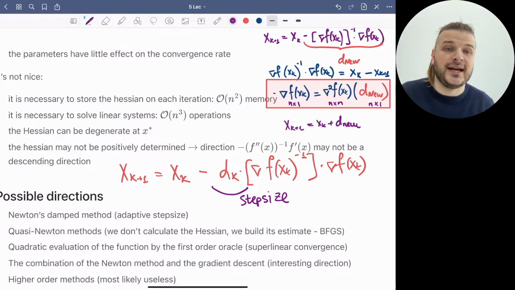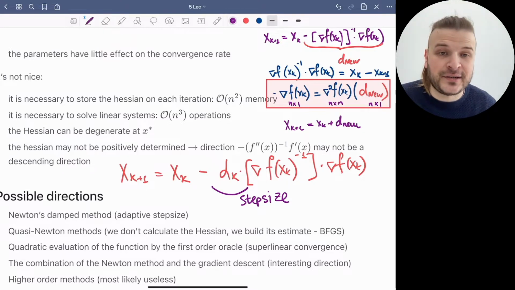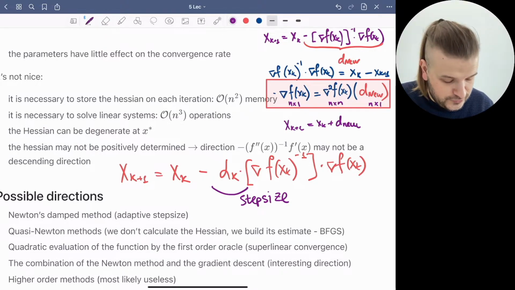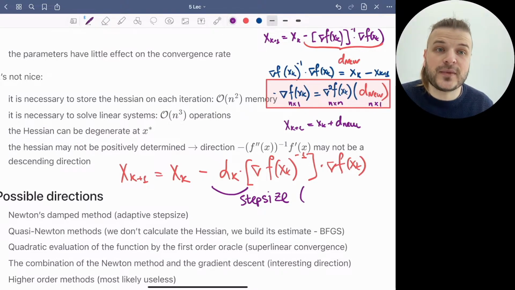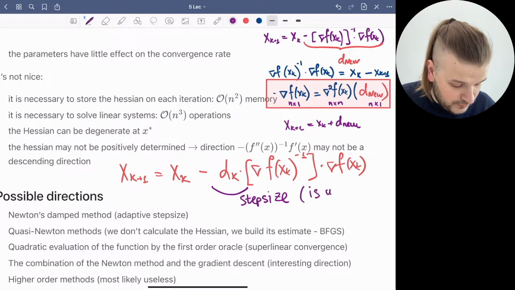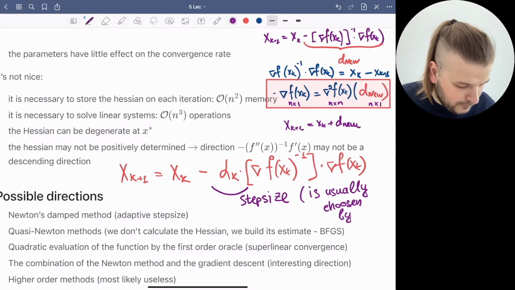And typically this hyperparameter is chosen with some line search procedure, like Goldstein-Armijo conditions, like backtracking, like golden search, etc. So step size is usually chosen by backtracking or line search.